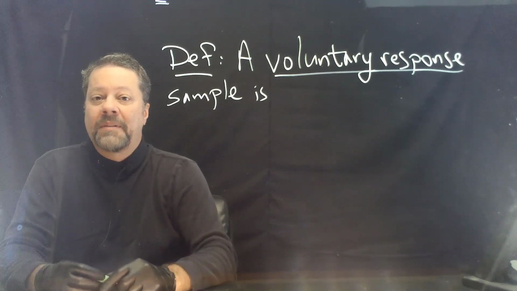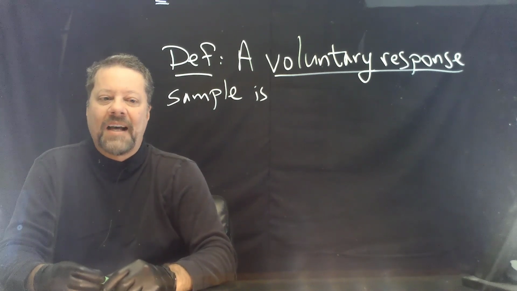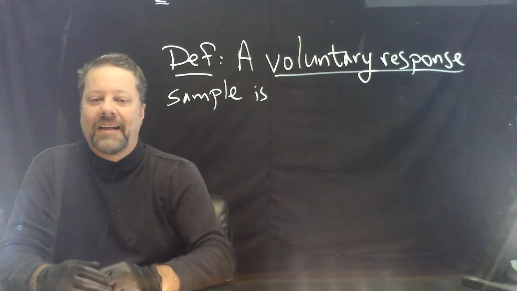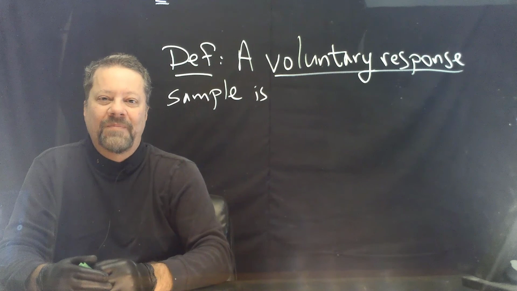So for example, you may have an internet poll where people decide whether or not they want to click yes or no or whatever the options are on a particular poll.